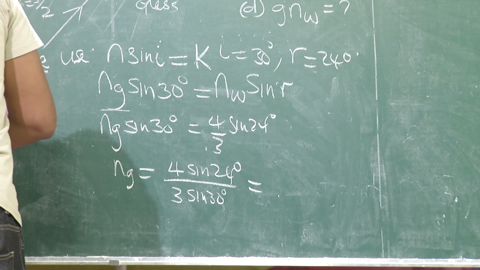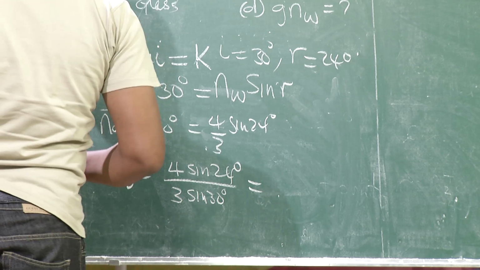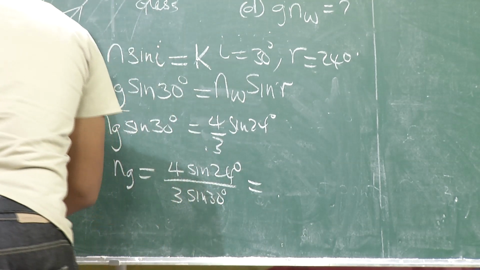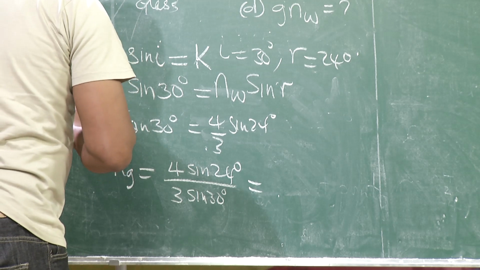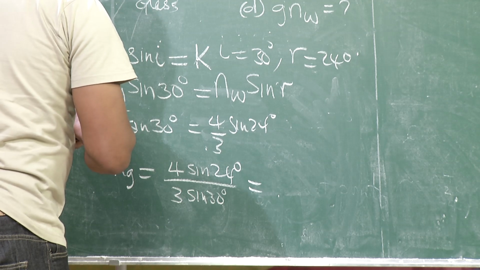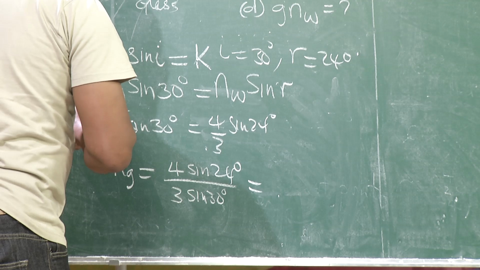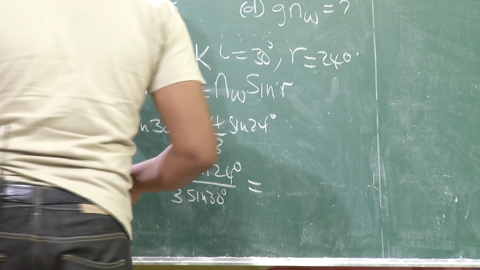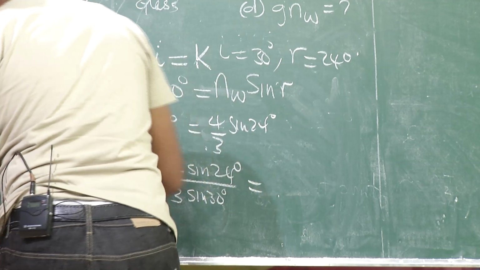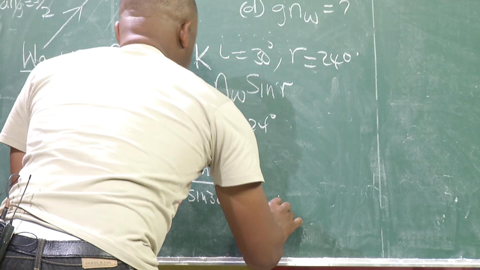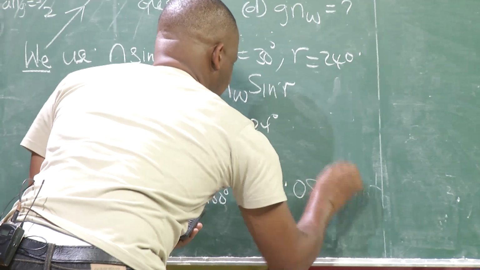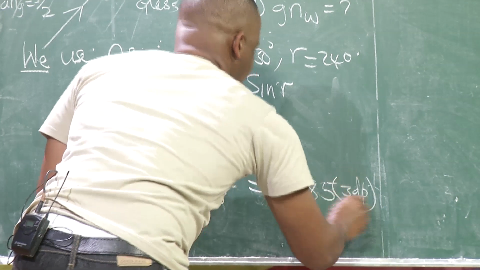So our n glass will be equal to 4 times the sine of 24 divided by 3 times the sine of 30. When you compute, it will give you a figure that we can look at as 1.08. We can record it to 3 dps as our n glass.